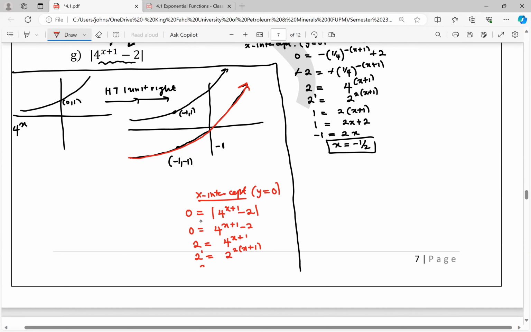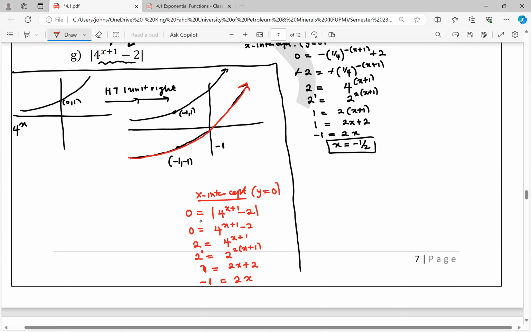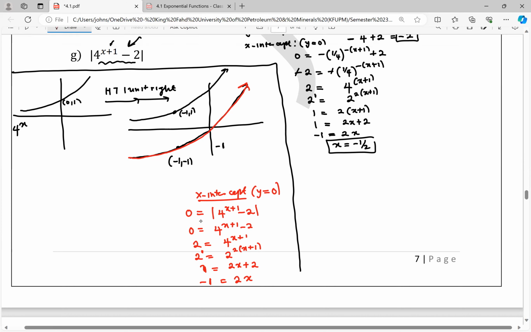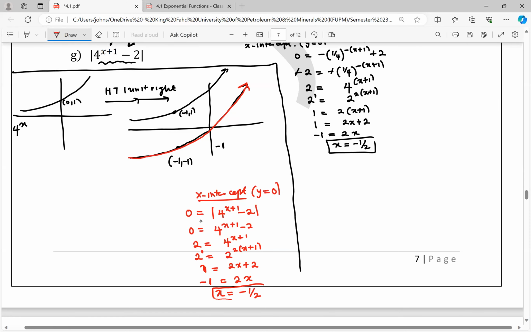So here should be power 1, right? So it means that 1 is equals to 2x plus 2, right? Yes, so we have minus 1 is equals to 2x. So x is minus 1 over 2, right?